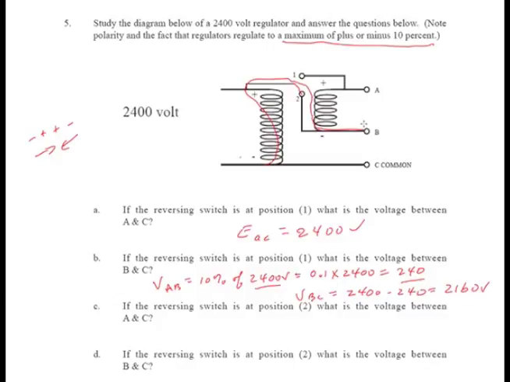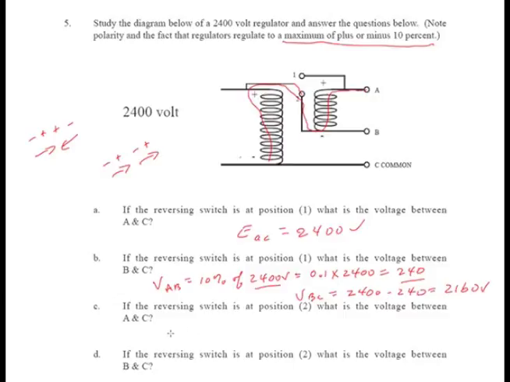Oh, wait a second, I drew that wrong. Let me erase this. I got a little bit in a hurry there. So it's going to be up through here, down through here, back up through here, and into there. When we go through there, it's minus plus, minus plus, minus plus, minus plus. That means these voltages are both in the same direction, so they're going to be series aiding, okay?